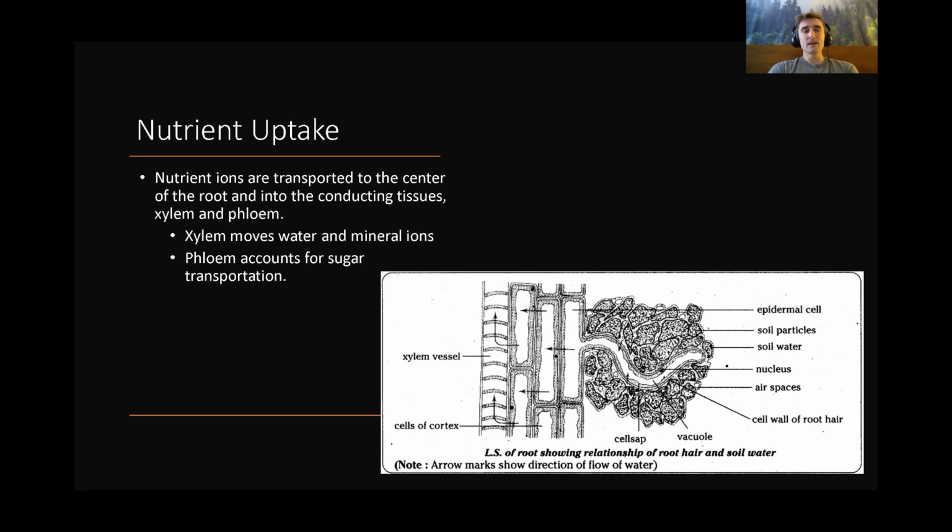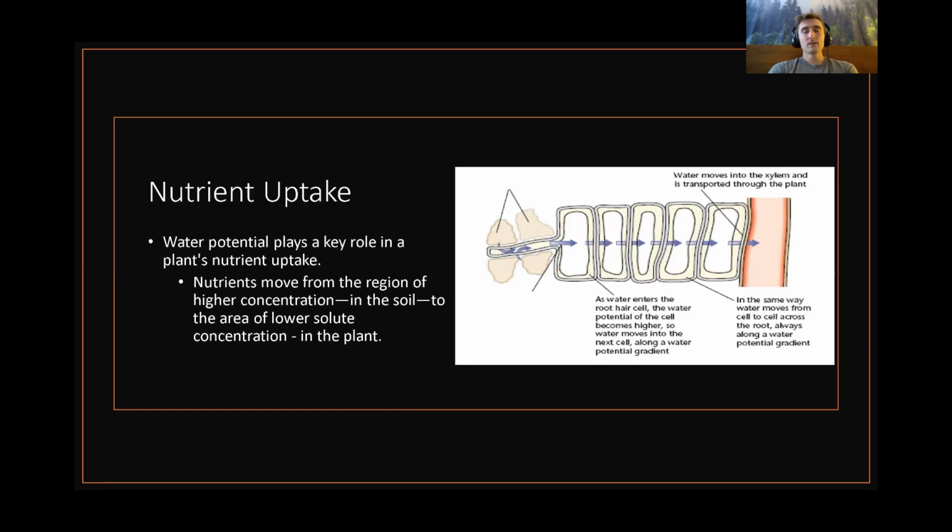But once the minerals and water make their way to the vascular system, then they are transported and spread to every other cell in the plant. So the water gets into the plant roots through active or passive absorption.